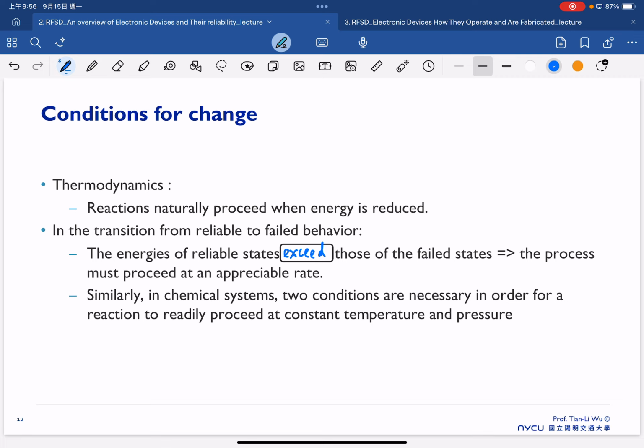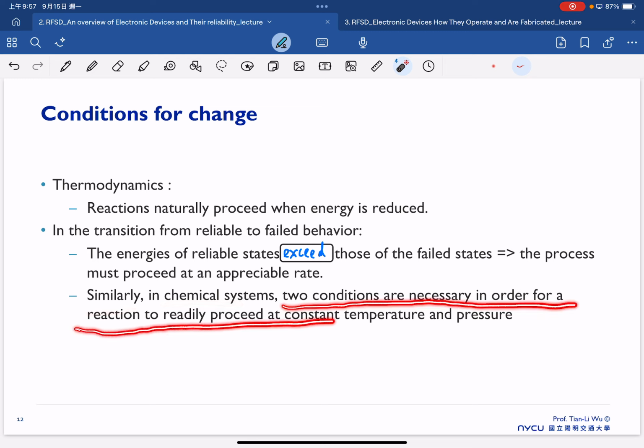So in nature, everything will gradually move from reliable to failed, because things want to find a way to reach the minimum energy. The energy of the reliable state exceeds that of the failed state, and the process must proceed at a certain rate. Similarly, in a chemical system, two conditions are necessary for a reaction to readily proceed at constant temperature and pressure.